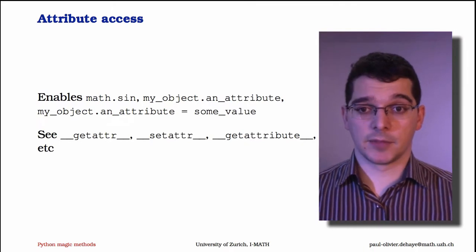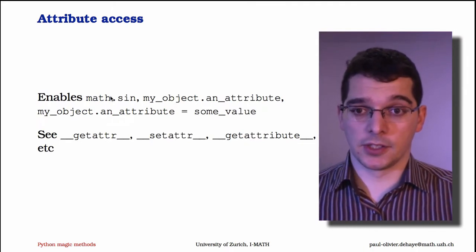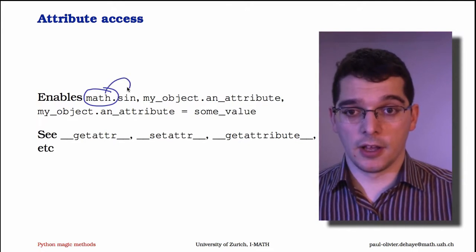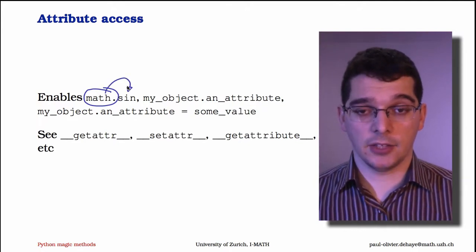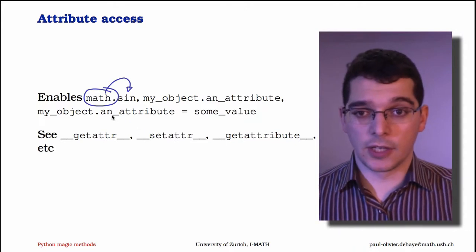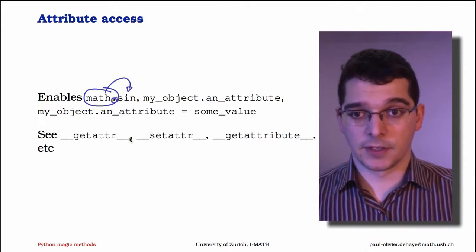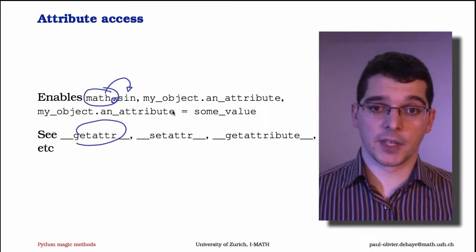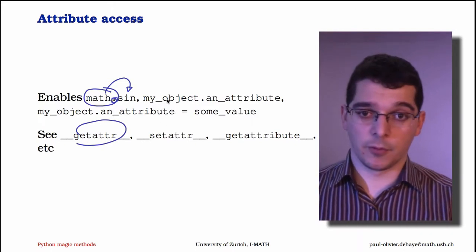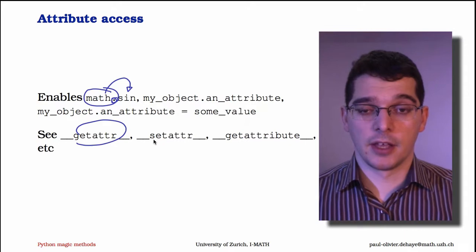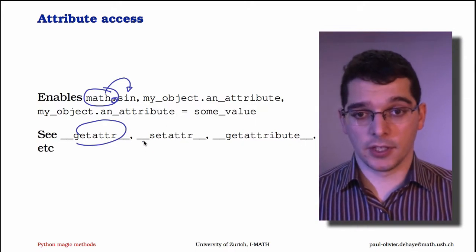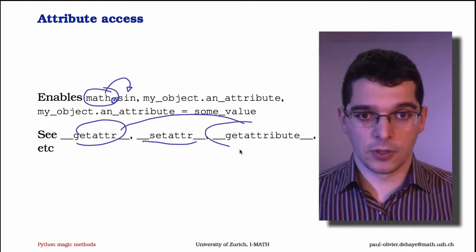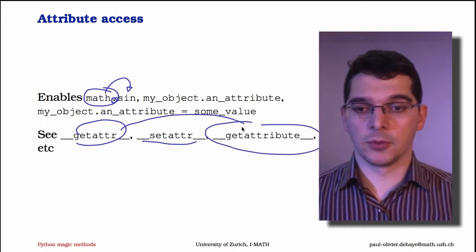Attribute access. So if you have math, which is a module, is an object, and what you're doing here is accessing the attribute sin, and you do that with this dot. So this is obtained thanks to getattr. And it's the same for myObject.anAttribute. If you want to assign, then you are using setattr. And there is a subtle difference between the two, but I won't really get there.